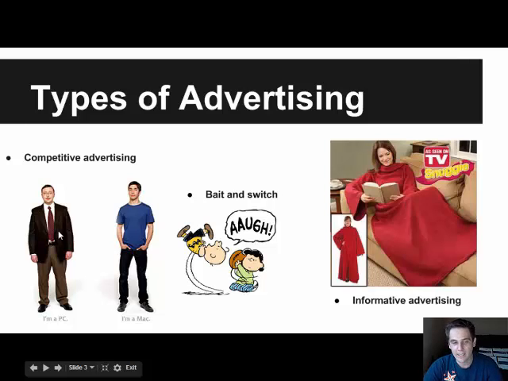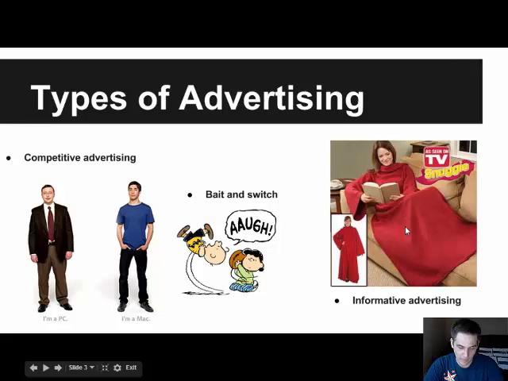You've seen a lot of mocking ads on YouTube, I'm sure, where they flip it. That's where they're directly saying, you see that product? I'm better. You choose them, you're going to be sorry. You want me. That's competitive advertising. Don't choose him, he's bad. Pick me.